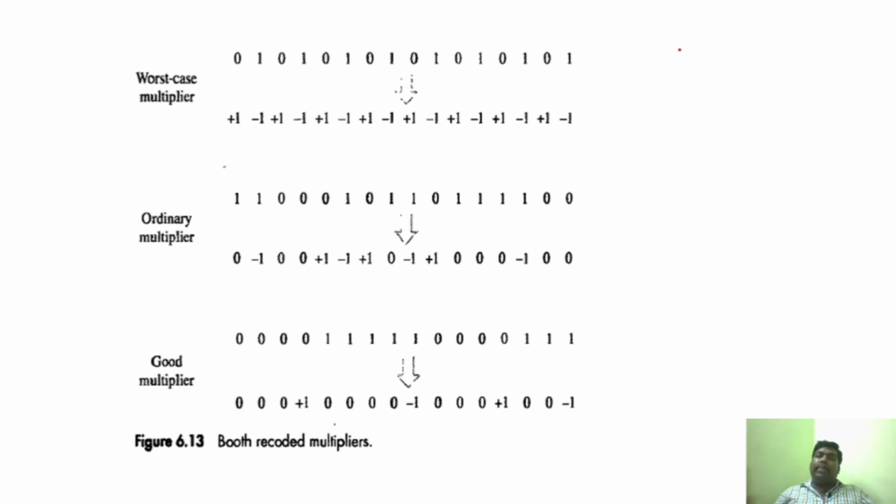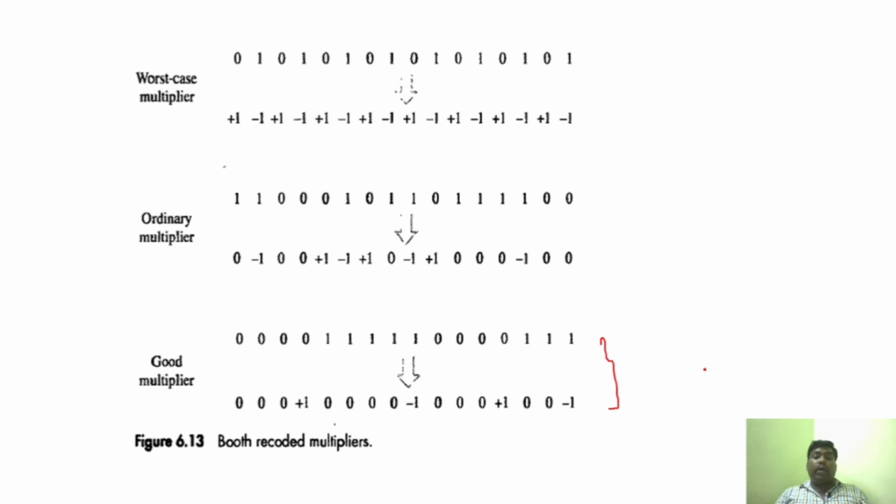Not for all multipliers will Booth algorithm be very effective, right? For example, if you see this one, this is a good multiplier, right? Booth algorithm will work very efficiently when there are more ones consecutively. As we saw before, instead of 4 operations, it had only 2 operations, correct?